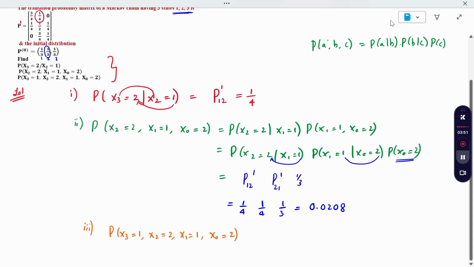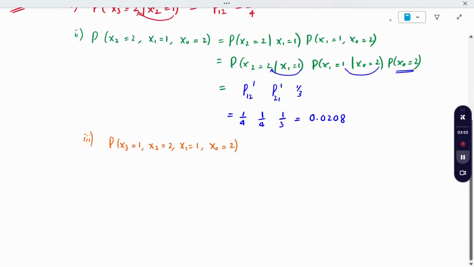For this we first write, as per the formula, x3 equal to 1 given x2 equal to 2 into probability of x2 equal to 2, x1 equal to 1, x0 equal to 2.